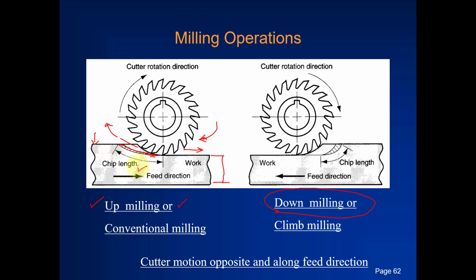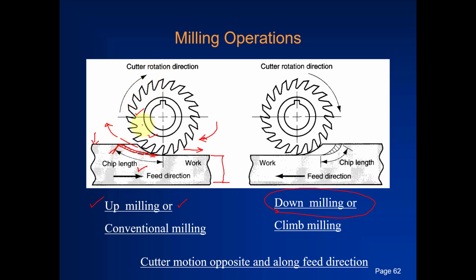So what does it mean? It means that the cutting tool is engaged more with the workpiece. If this cutting tool is engaged more with the workpiece, then definitely there will be large forces in this up milling.